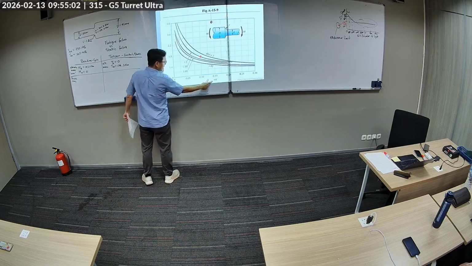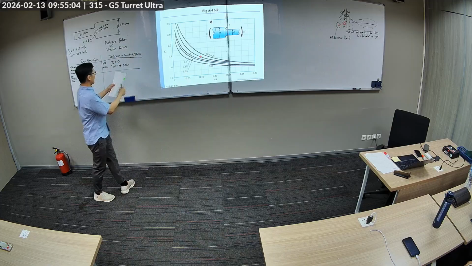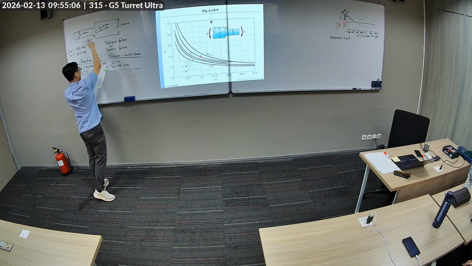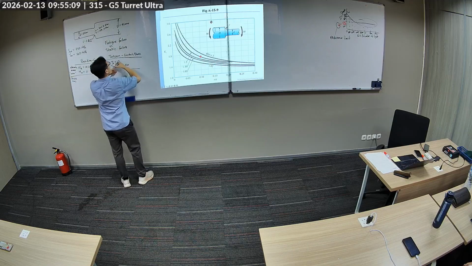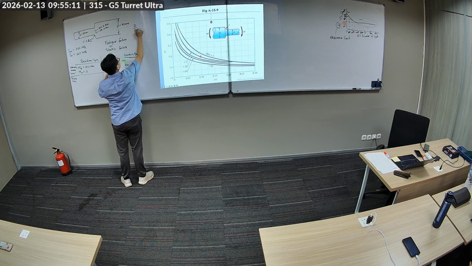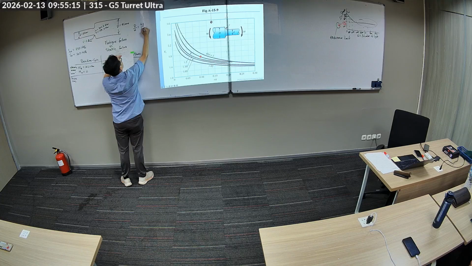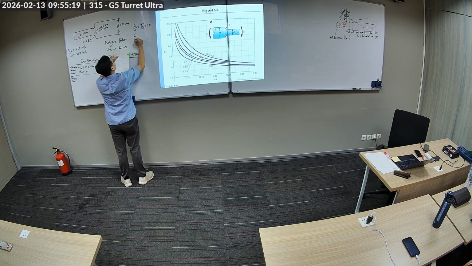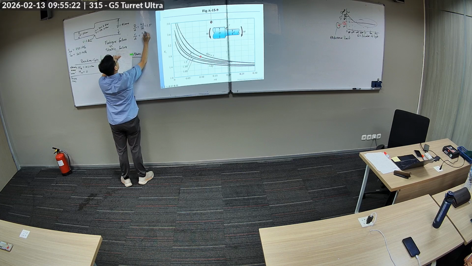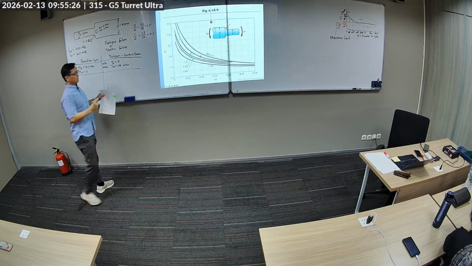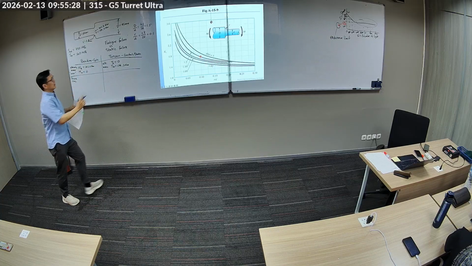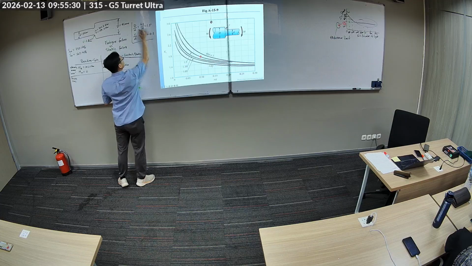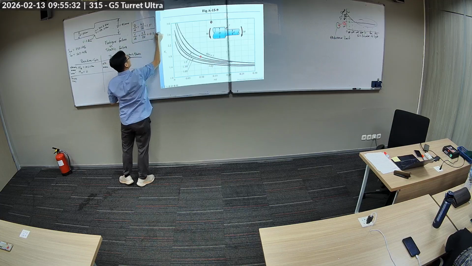I need r over d and I need D over d. And I have to do that calculation here. So D over d is 42 divided by 28, 1.5. r over small d is 2.8 divided by 28, 0.1. Okay? So these are the two numbers you need in order to use the chart.